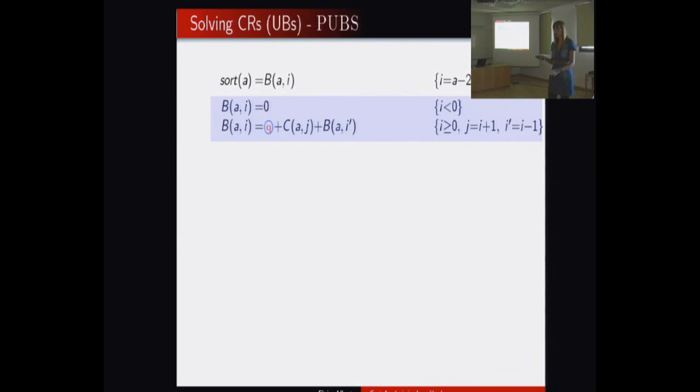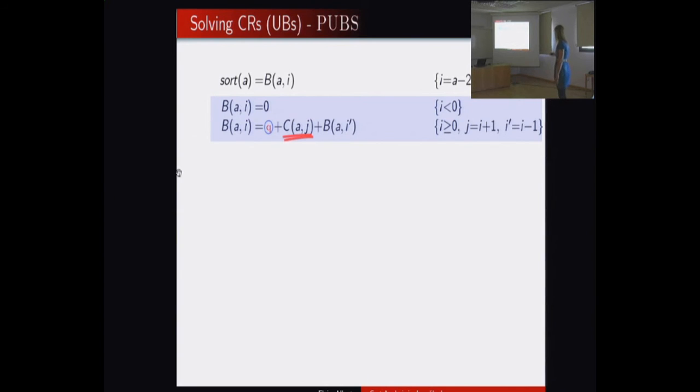So now we try to finish the solving of our cost relation system for sort. And remember, this is the equation that we have produced for the outer loop. The outer loop calls the one that we have solved. So the solving starts with the relations that do not depend on any other relation. That was C before. C didn't call any other relation, so we could solve it.